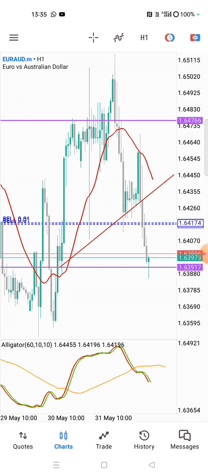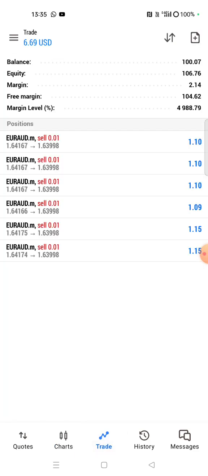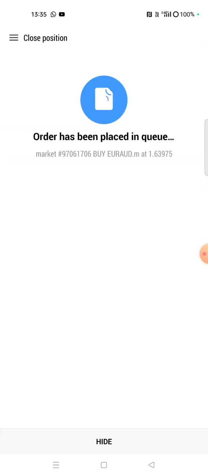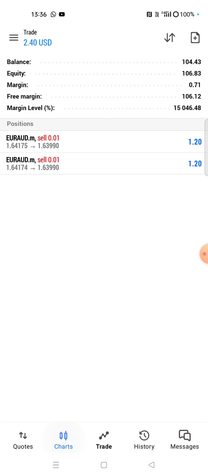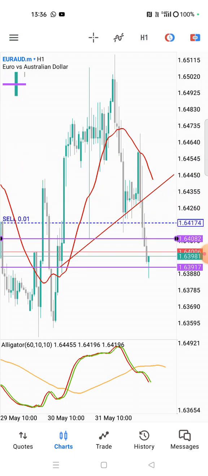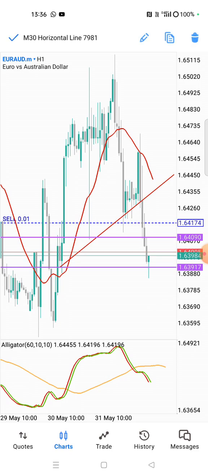Okay, now I'm going to close 3 of these, maybe 4 of these, because I'm already late to take my, okay guys, so this is what I mean. Once I've achieved that, my new stop loss will be 1.64174, which is my entry for the trade.